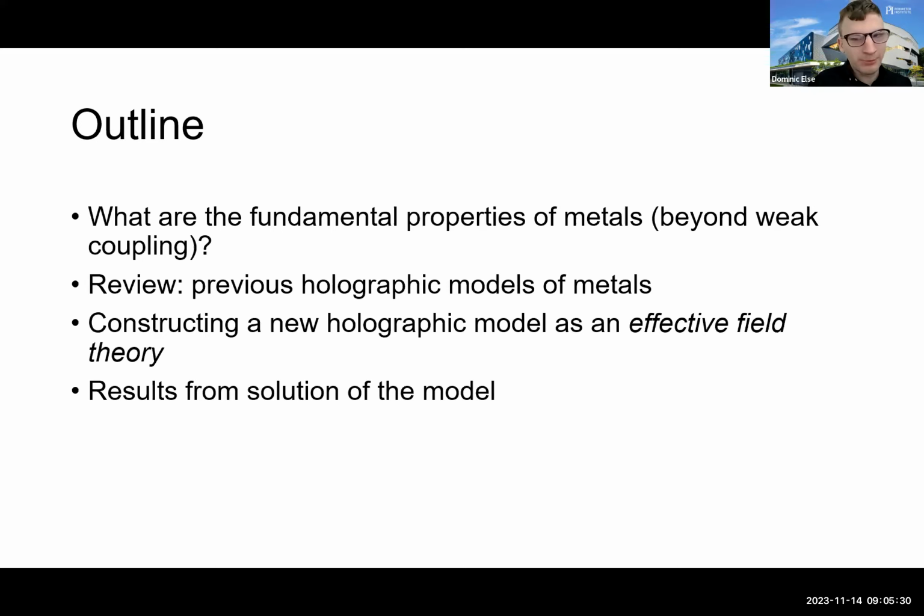Then I want to present a new way to construct a holographic model of a metal, which is quite different in perspective from the previous literature. The key idea is that we just think of it as constructing an effective field theory. I'll explain what that means. Then I will present the result that we obtain from solving this model.